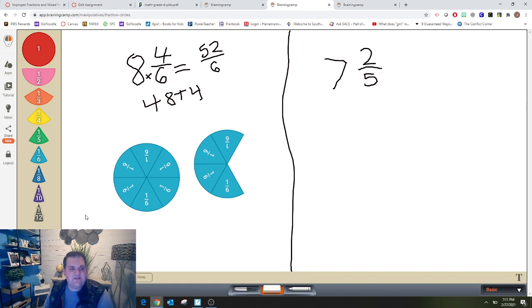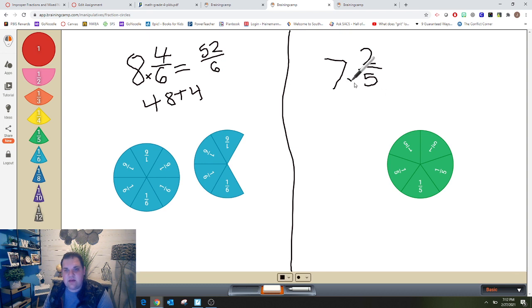Okay, so this one is 5ths. So I know in 1 whole, there's going to be 5 pieces. But I know there's 7 total wholes, so 7 groups of 5ths. So I'm going to multiply these. 7 times 5, and that's 35 5th pieces.